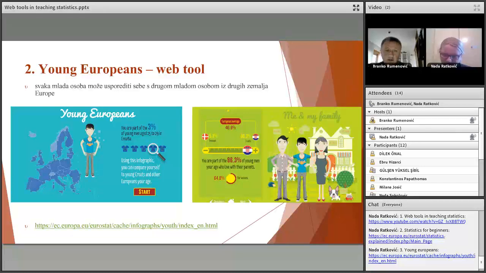You can also go to this web page, and it is an interactive tool, and students can play with information about statistics. When they are playing, they can learn some data about statistics.